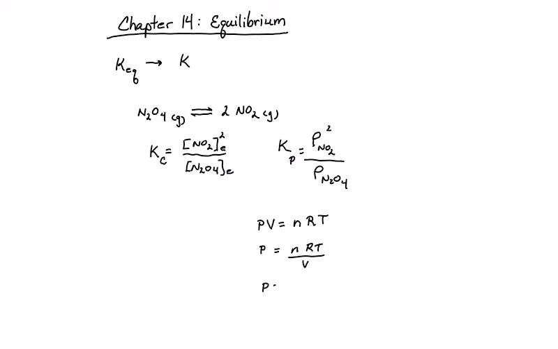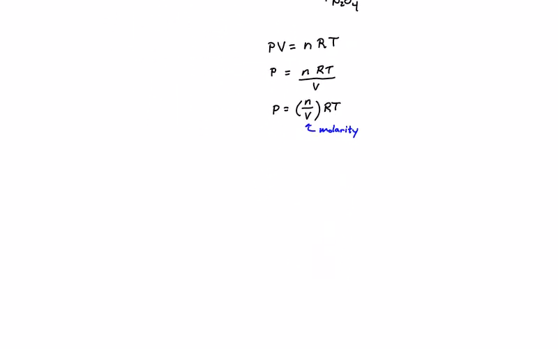We can take pressure and have it be equal to the number of moles divided by volume, so basically pull moles and volume out of that fraction, and multiply that by RT. And when you think about it, the number of moles divided by the volume, which is in liters, is going to be the molarity, multiplied by the gas constant and temperature.